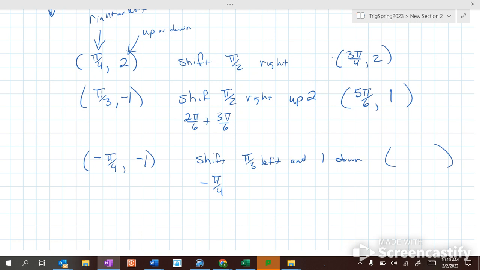Add or subtract? Subtract pi over 3. So I need a common denominator. What's the common denominator between 4 and 3? 12. So it's negative 3 pi over 12 minus 4 pi over 12. And I get negative 3 minus 4 is negative 7 pi over 12. And then negative 1 minus 1 is negative 2. Okay? All right.